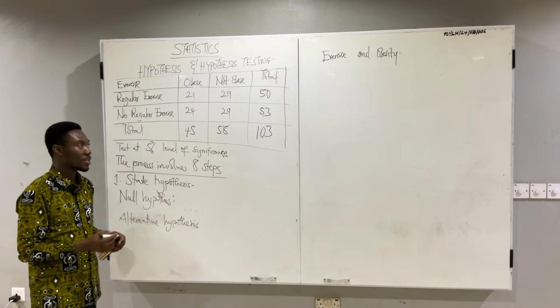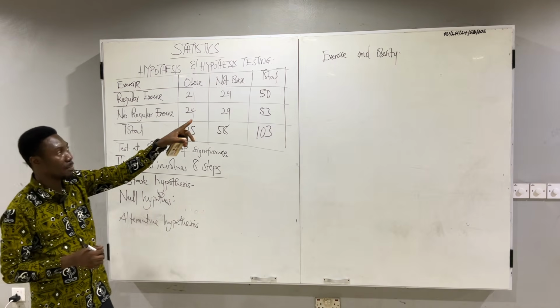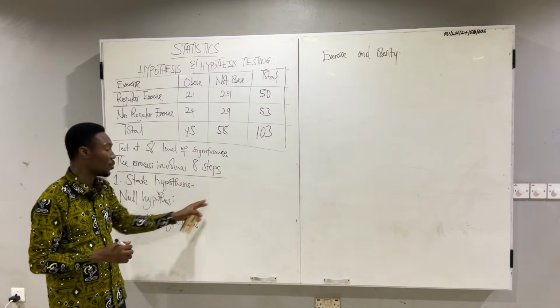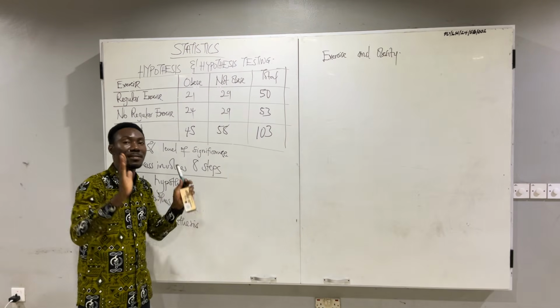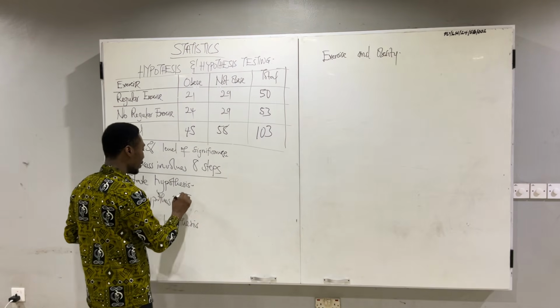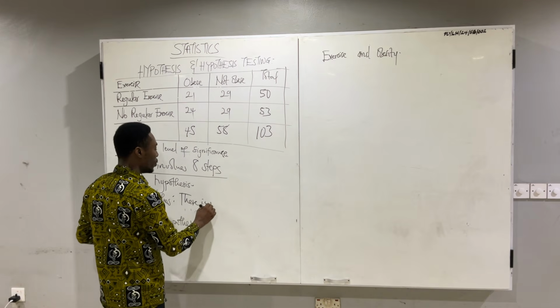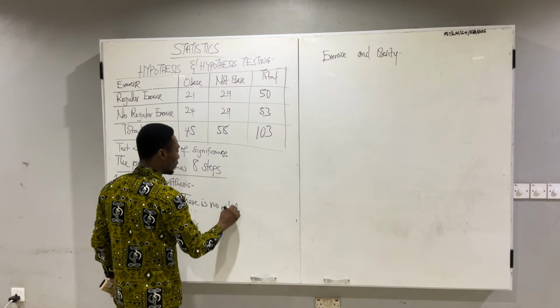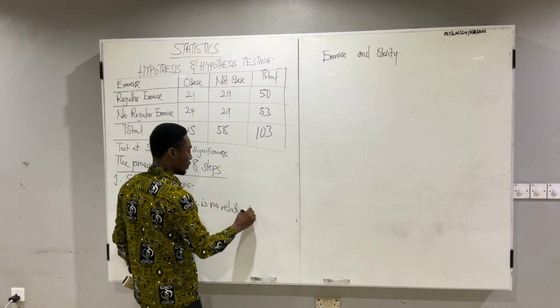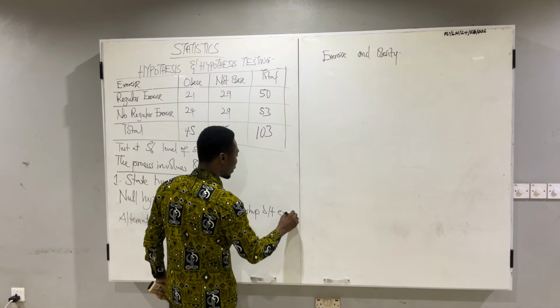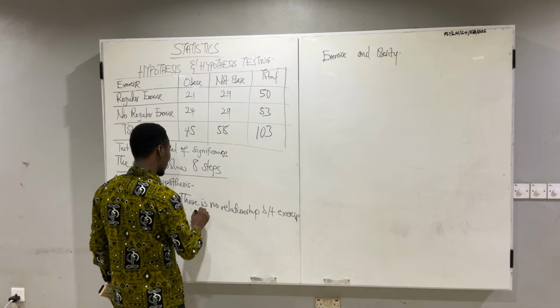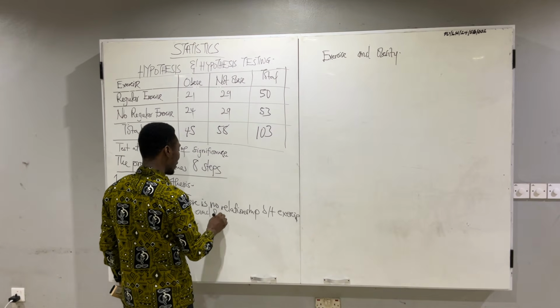Now the null hypothesis, what does it say? What are the two variables, exercise and obesity? You are just going to write, there is no relationship between exercise and obesity. Simple.